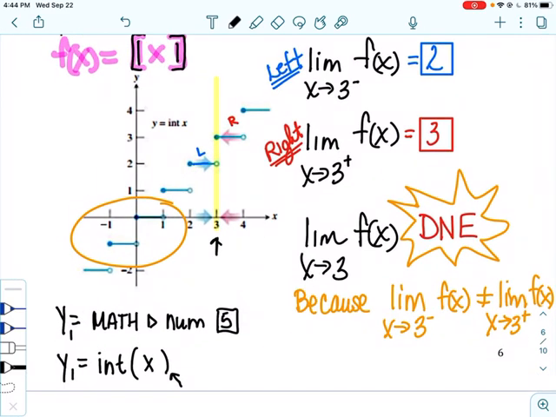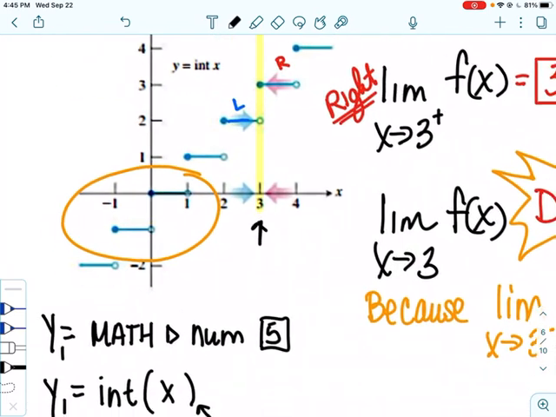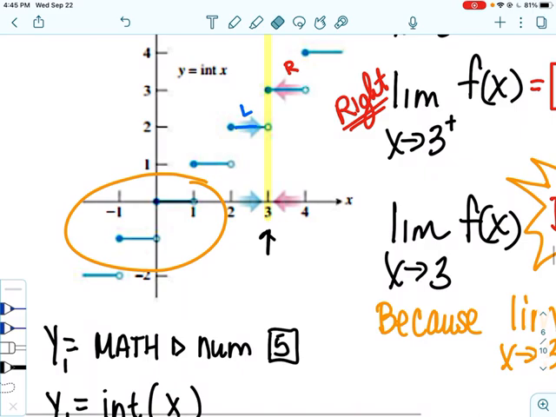So notice with your graph, when you look at it, it's a series of steps, right? Depending on your mode in your calculator, if it's connected or not connected, or the formatting is set, these should not be connected steps. So what we're doing is we're looking at the limit as x approaches 3 here.